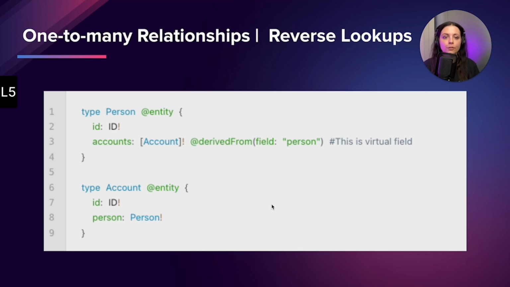And here we can also have a quick look at reverse lookups. This is something we highly recommend adding to your project whenever you can. Adding the derived from annotation creates a virtual field that allows you to query this data without changing the database structure.